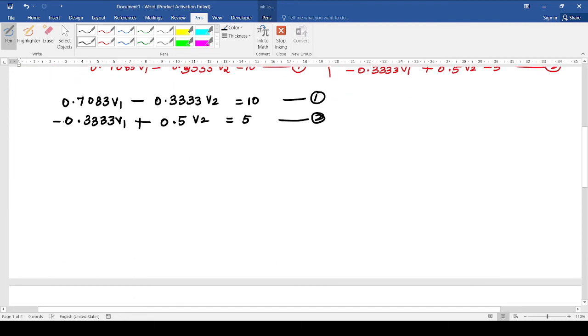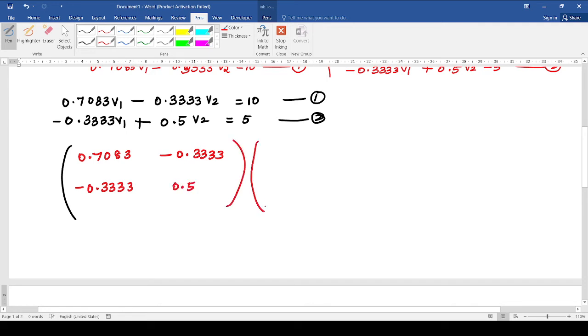Now I am going to write this in matrix form. How to write this? 0.7083, minus 0.333, minus 0.333, 0.5.